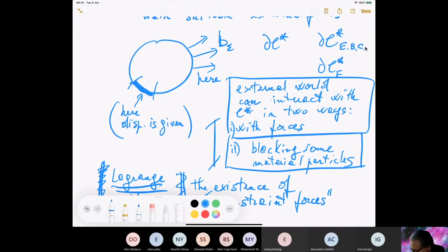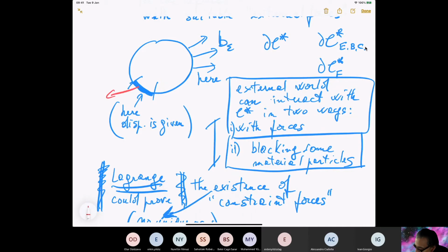Then Mr. Hyde is the forces per unit surface, which I can replace to the essential boundary conditions without changing the equilibrium of our body.